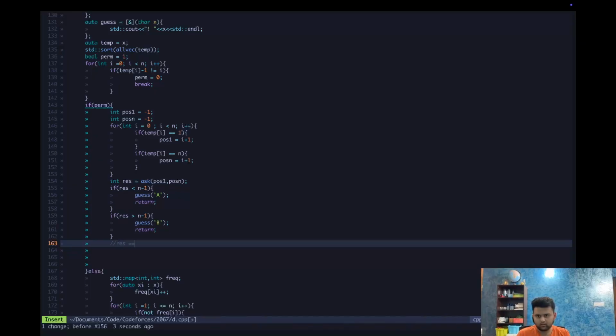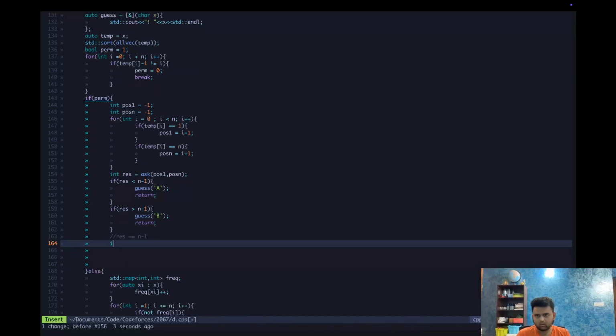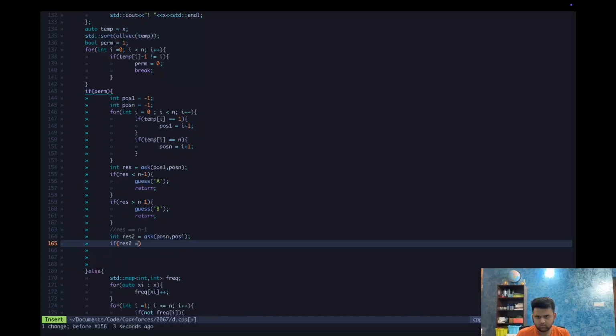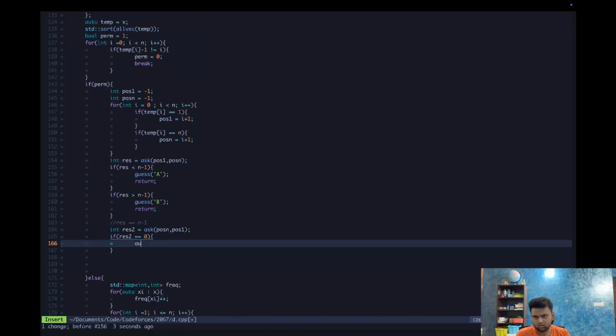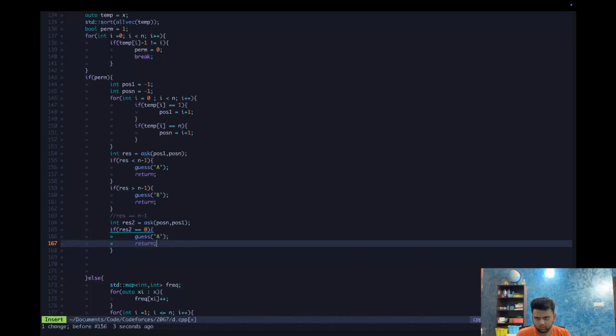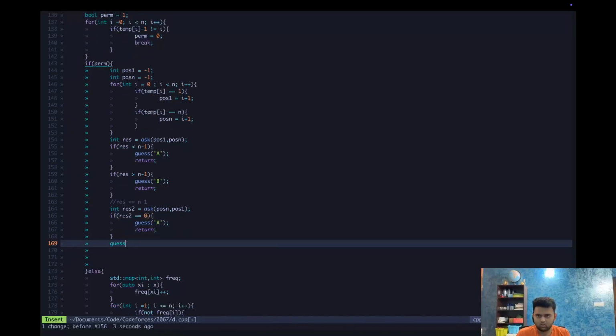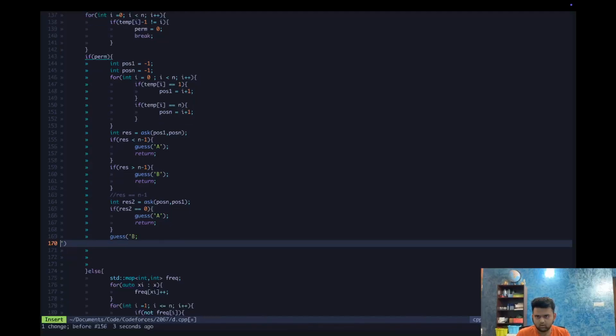Now we know rest is equal to n minus 1. So int rest2 is equals to ask pos n, pos 1. If rest2 is equal to 0, guess a return, guess b return.